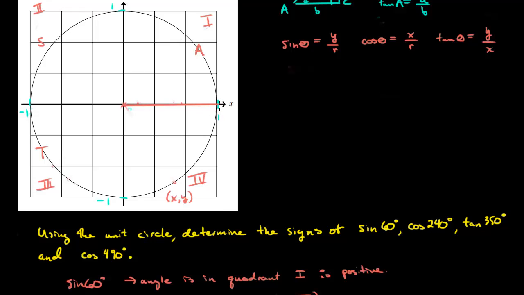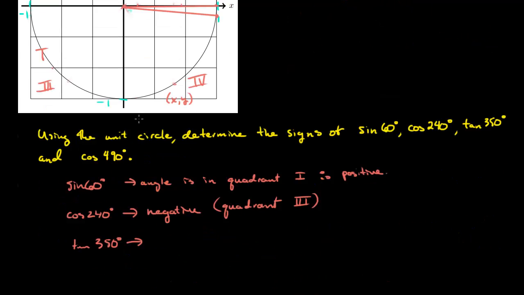So for 350 degrees, we're 10 degrees away from a full rotation. So the terminal arm is in the fourth quadrant for tan of 350 degrees, and the y value is negative, the x value is positive. So that means that the ratio between the y value and the x value in the fourth quadrant is going to be negative. So this is in quadrant 4.